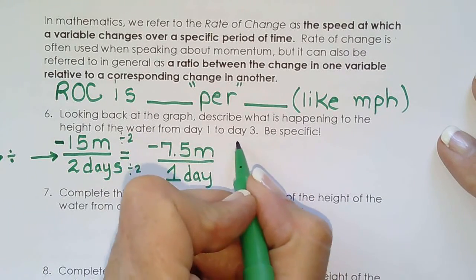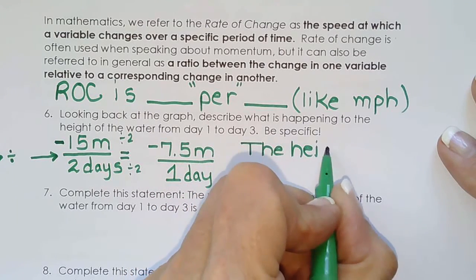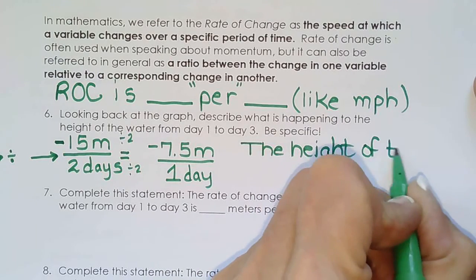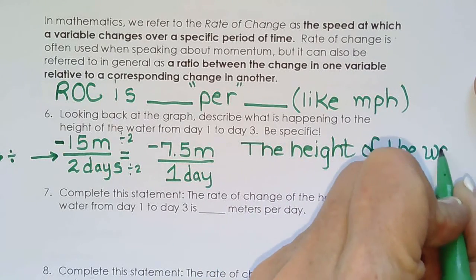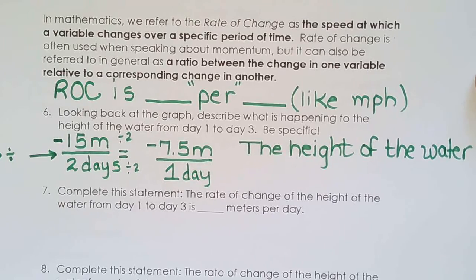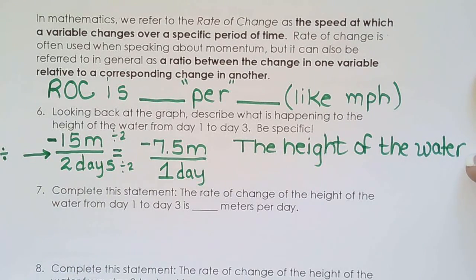Okay, so the height of the water, and there's a lot of things we could write. We could say going down, decreasing, diminishing. Use whatever word you mean, but it has to mean the same as a negative.